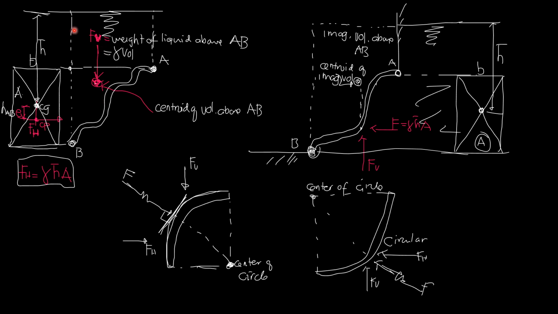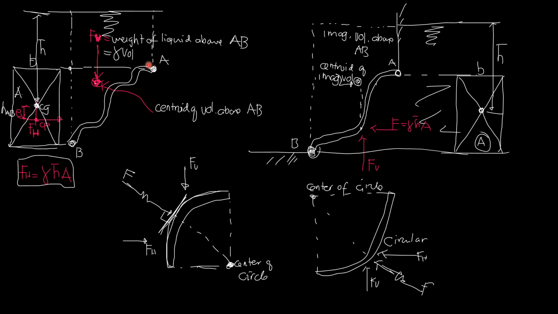And since friction cannot develop when the fluid is at rest, remember, there is a principle, also shown in one of the lecture videos in fluid mechanics and hydraulics, that there's no friction when the fluid is at rest. So if we consider this volume as a body, there's no friction on this side because the fluid is at rest, as well as here.